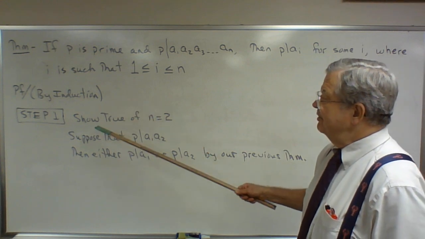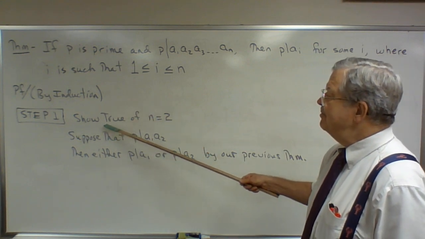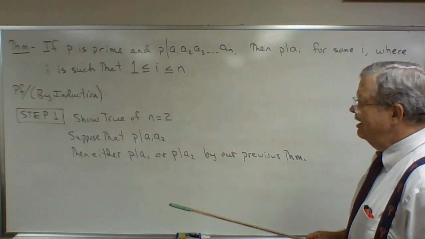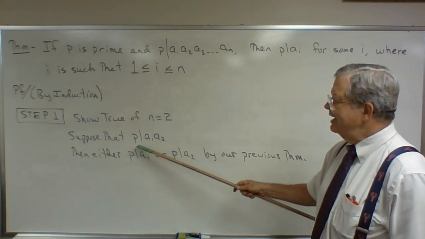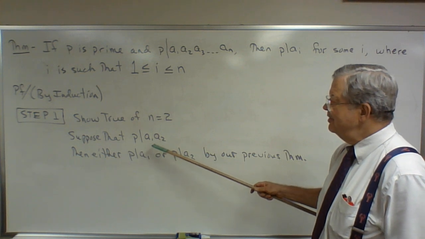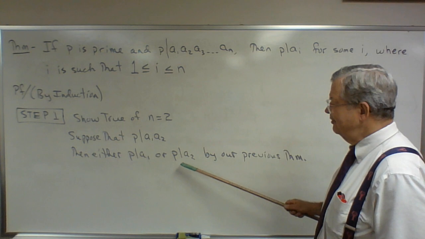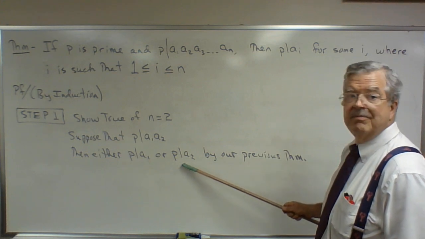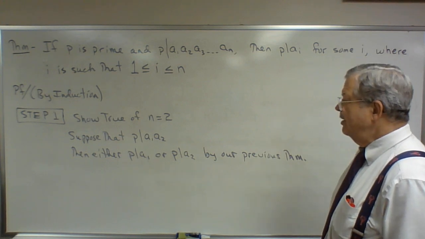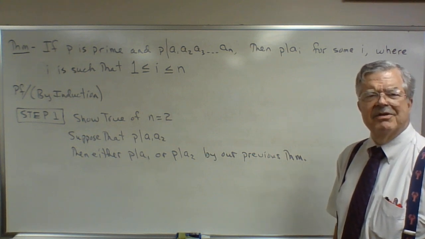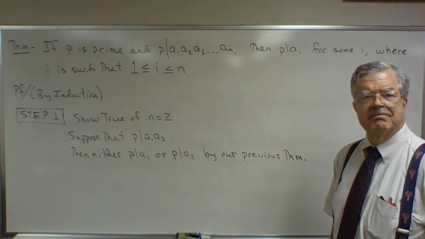Proof by induction. Show that our proposition is true for n equal 2. In other words, if P divides the product of two integers, then either P divides the first or P divides the second, or both. Well, isn't that exactly the statement of the theorem that we just proved?